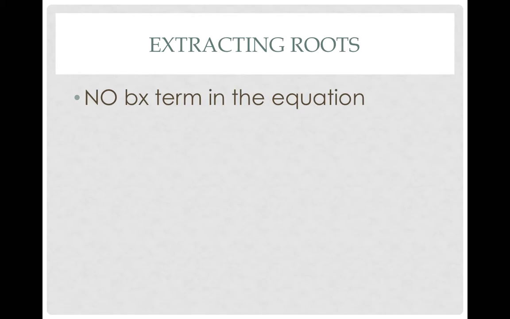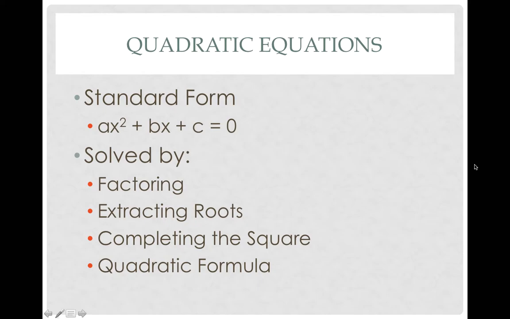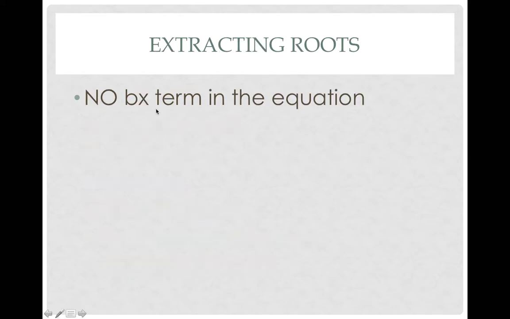If there is no bx term in the equation, you can just square root both sides. So if I told you that x squared equals 9, you can simply square root both sides. You can extract the roots, and it will tell you that x equals 3 and negative 3.